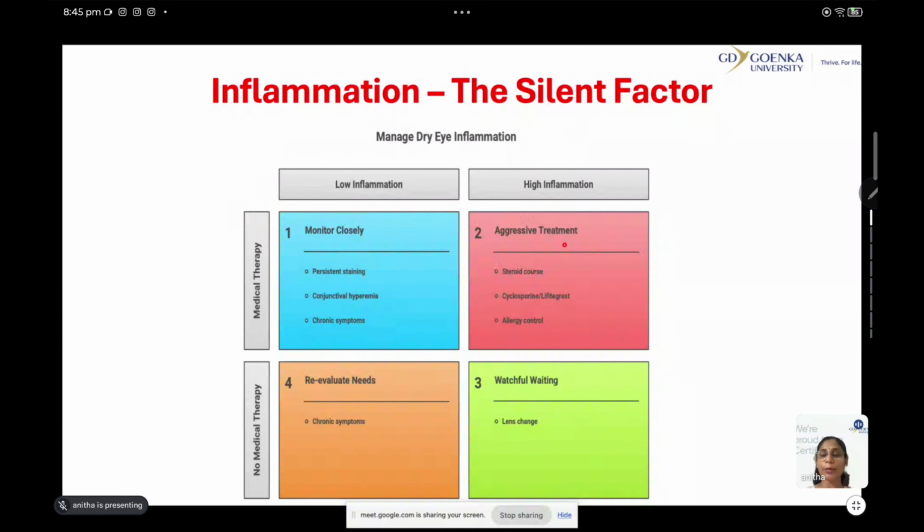Of course, they will have to be managed by an ophthalmologist where there is involvement of steroids, cyclosporins, lifitegrast, and allergy control. So, when there is no medical therapy required, when the symptoms are chronic and you need to keep a watch on them, and you can recommend a change of lens also.